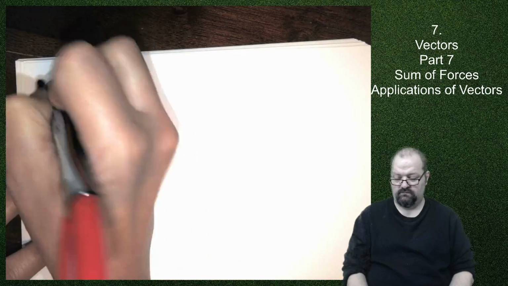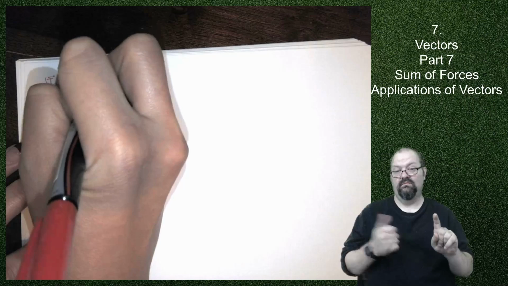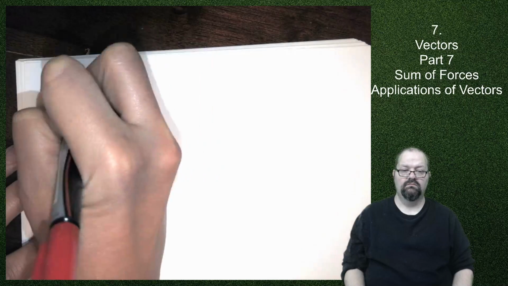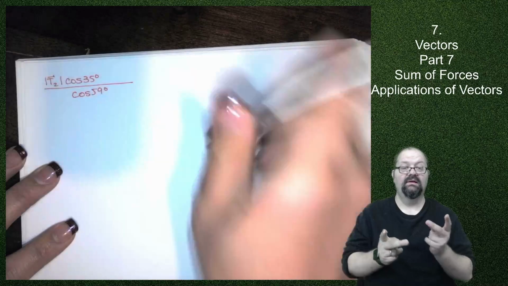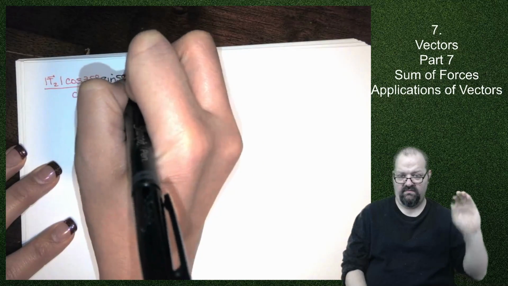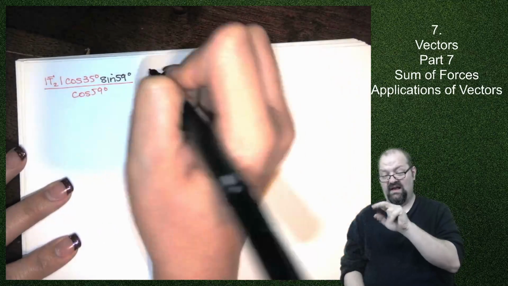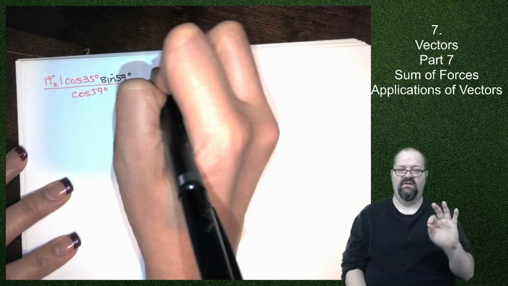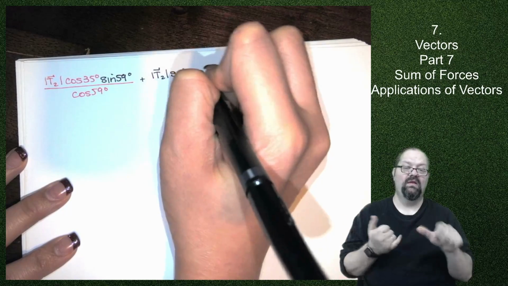So I had T1, which was this, times sine of 59. If you want, you could call that sine over cosine of 59 a tangent of 59. That's totally fine. Plus the other guy. We had a minus 100.